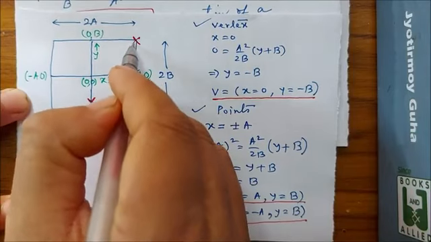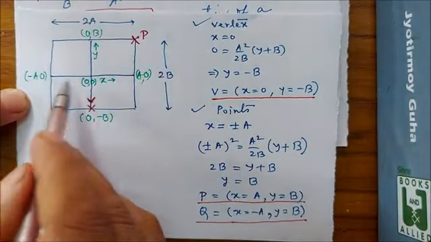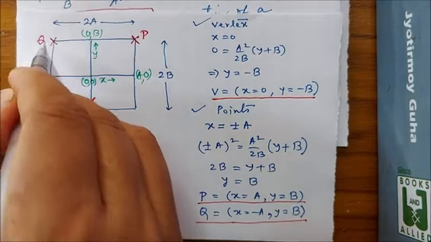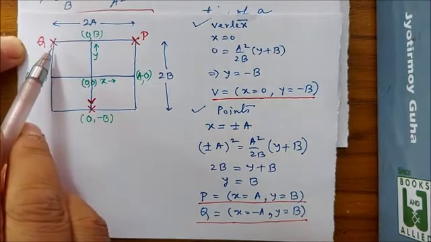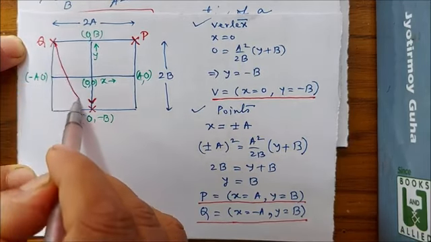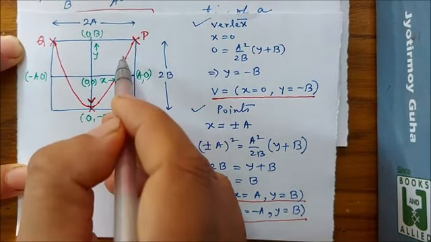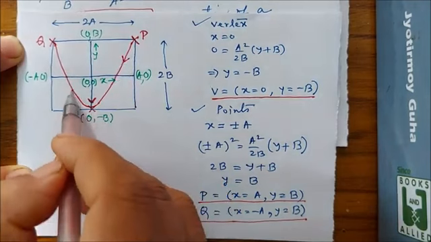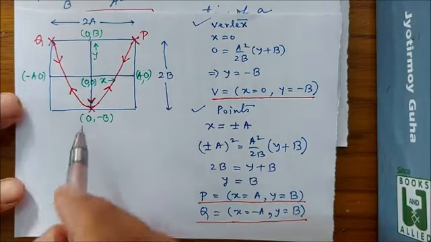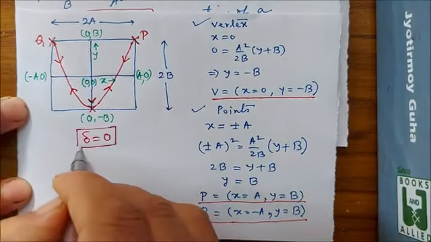So it is this point, which is P, and the other point is x equal to minus a, y equal to b, which is this point, which let us call Q. And we are in a position to draw the parabola, which is, and it will be traced in this manner. So this is the picture at delta equal to 0 or twice pi.